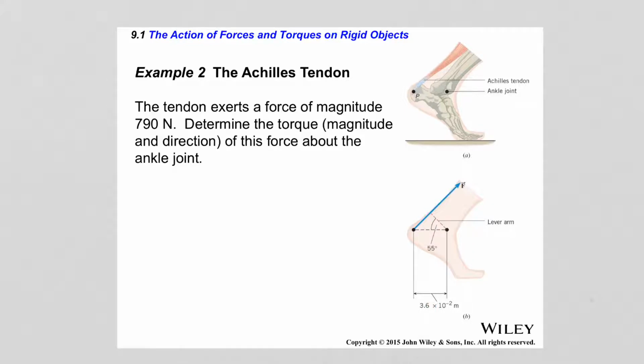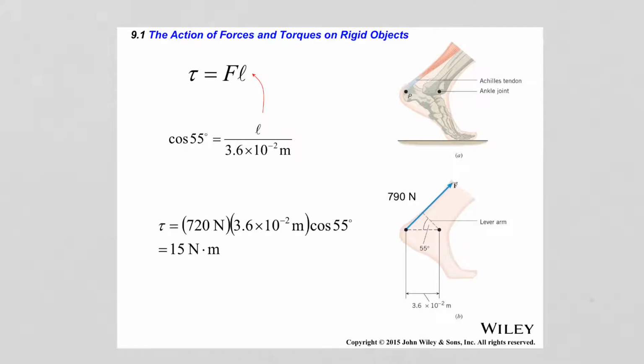So let's see how the torque is calculated. The torque is calculated as the product of the force and the lever arm. So the lever arm is going to be equal to 3.6 times 10 to the negative 2 times cosine of 55 degrees. Substituting that in the expression for the torque and substituting the value for the force F gives us a torque of 15 Newton meters.